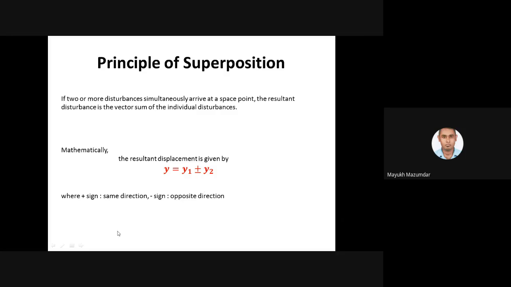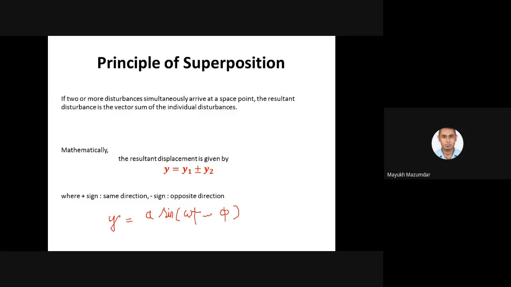And last day we also saw that we can always represent a wave by an equation like y equals a sine omega t or cos omega t, or a sine of omega t plus or minus phi, where phi is the initial phase.